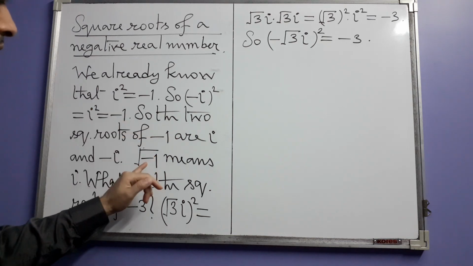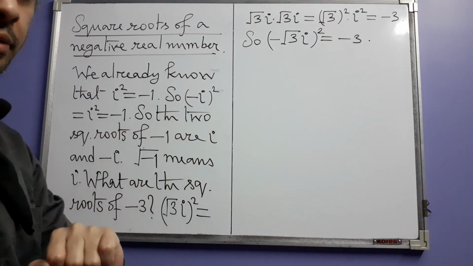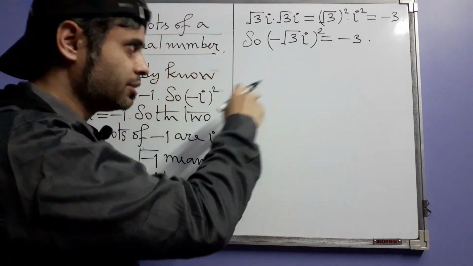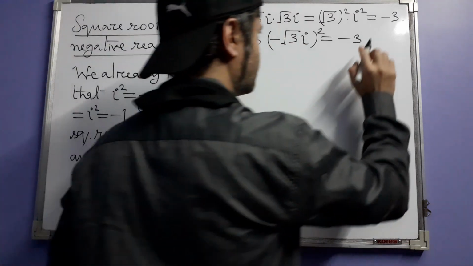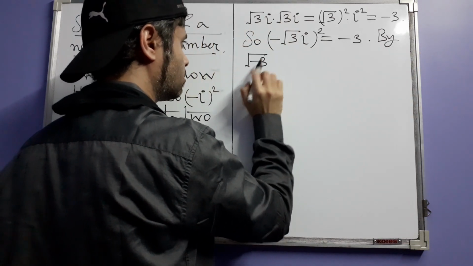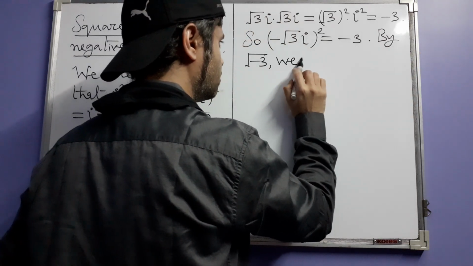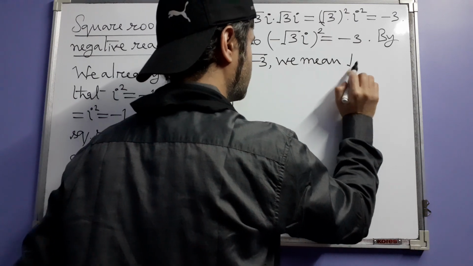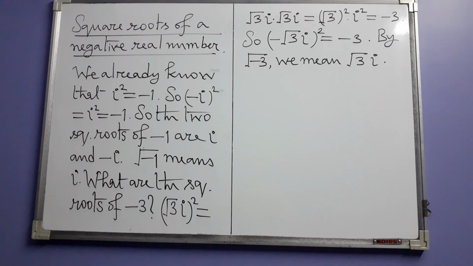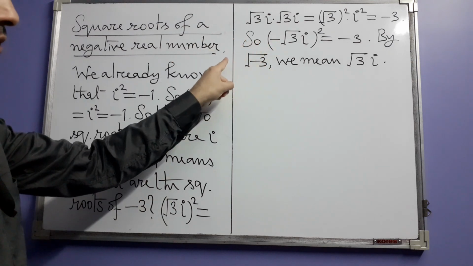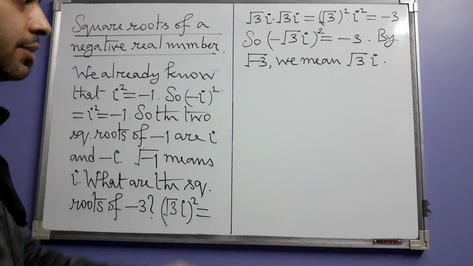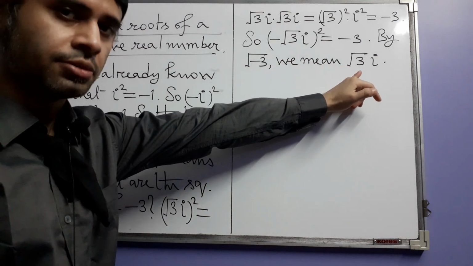However, when we write root minus 3 to mean a square root of minus 3, which one of these two shall we mean? By this we mean this number. If we mean the other number, then we have to write minus root minus 3. So that is the reason root minus 3 is equal to this.